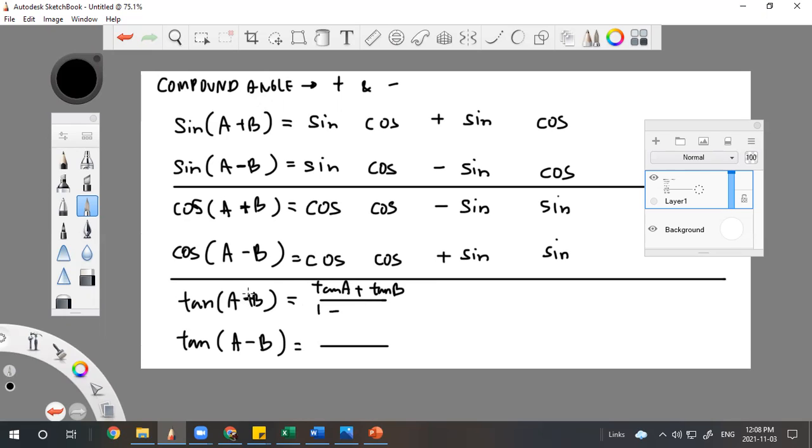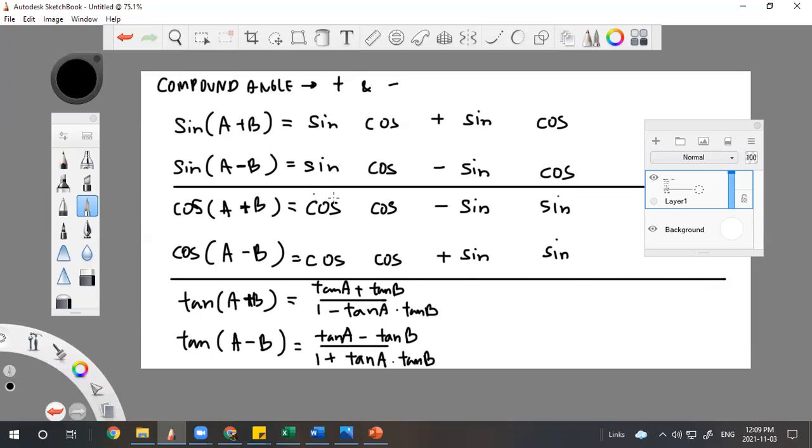If this is plus, on the top side it is plus, on the bottom side is negative. So for tan a subtract b, you can guess plus becomes minus then, right? We always follow the sign on top and oppose the sign on the bottom part.